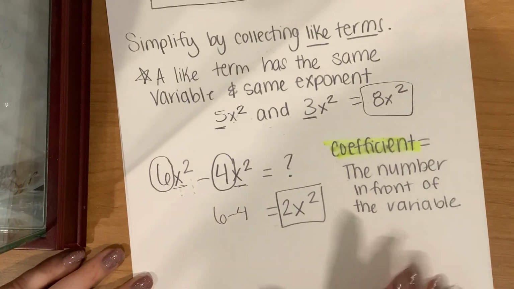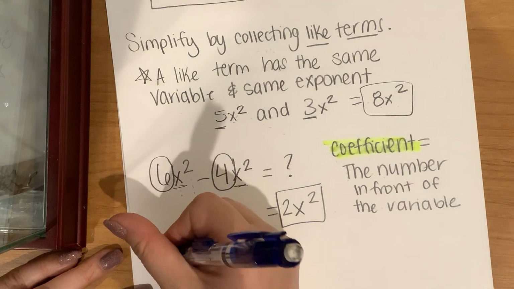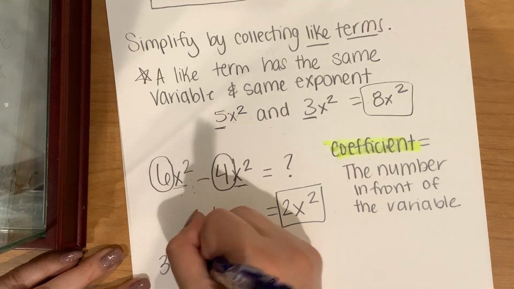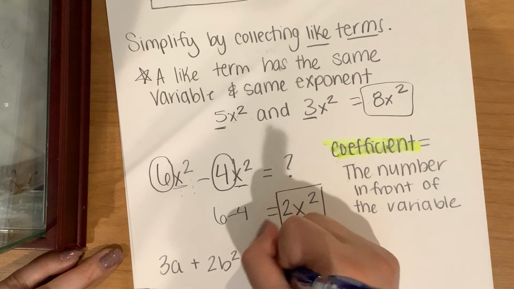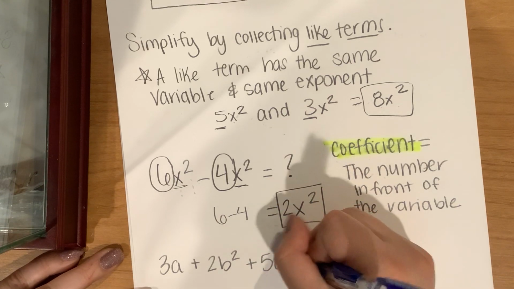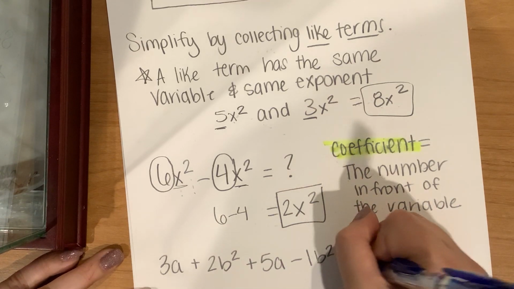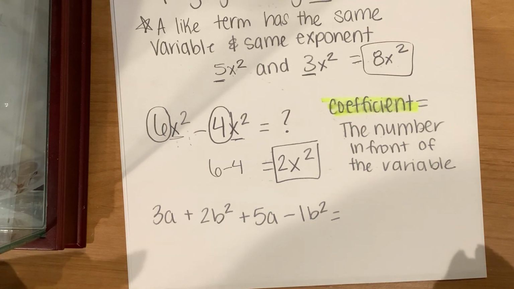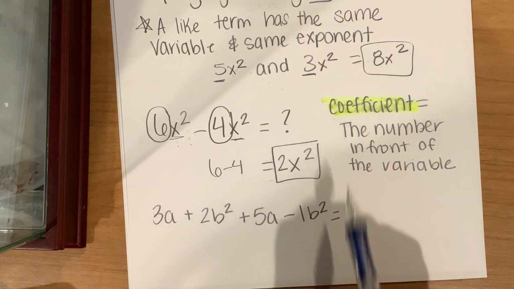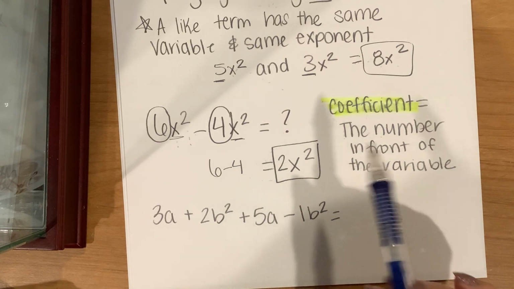Let's check out another one. I have 3a plus 2b squared plus 5a minus 1b squared, and I need to combine like terms to solve this. What I do when I'm combining like terms is I put a box around the like terms that I need to combine and then circle the others.